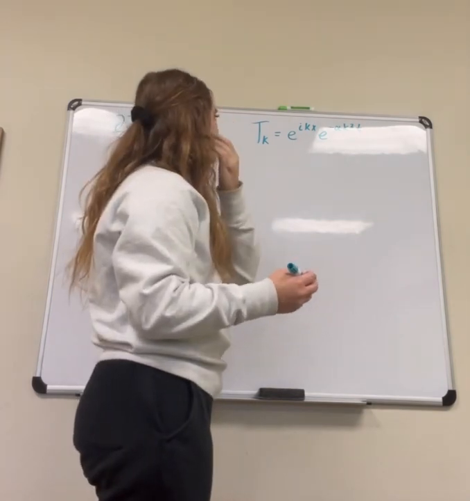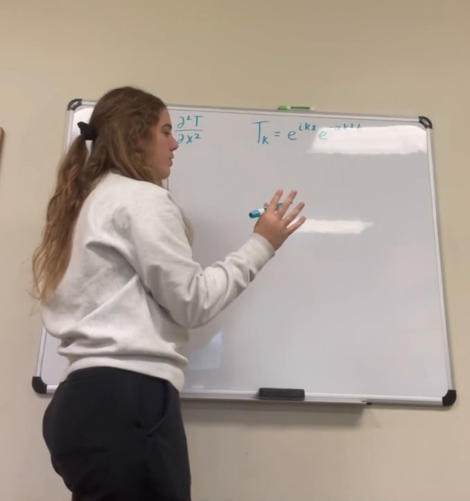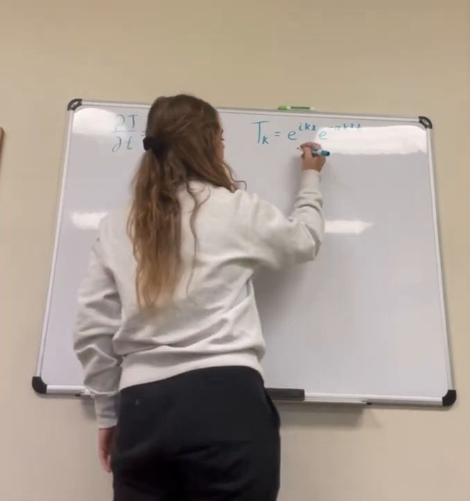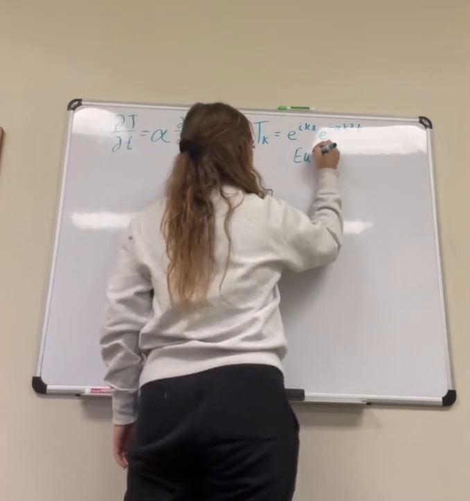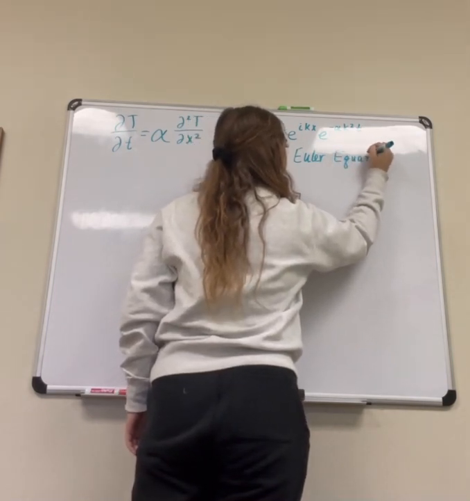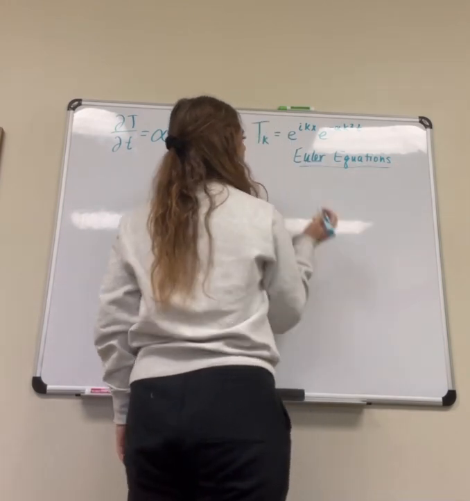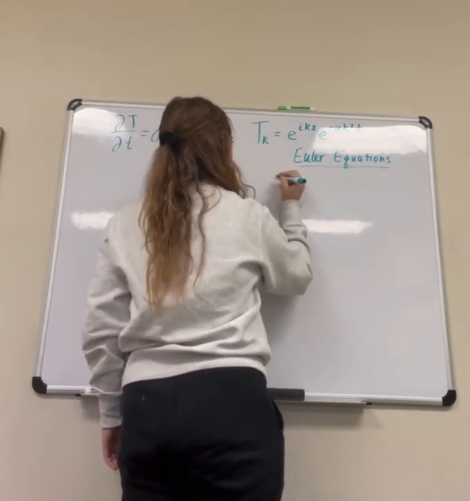time. And so we're going to be dealing with Tk here quite a bit, but also I'm going to really quickly write down the Euler equations, because we are also going to be dealing with these as well. So I'm just going to write them down here real quick.